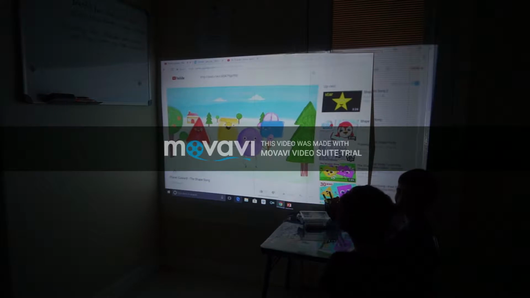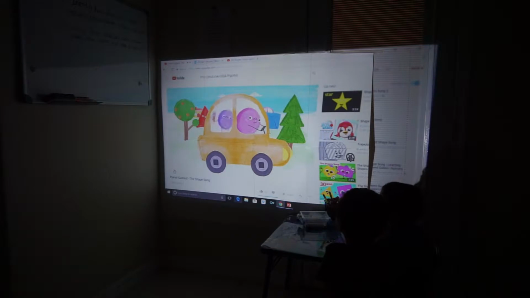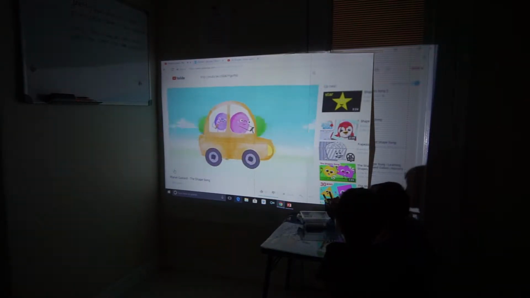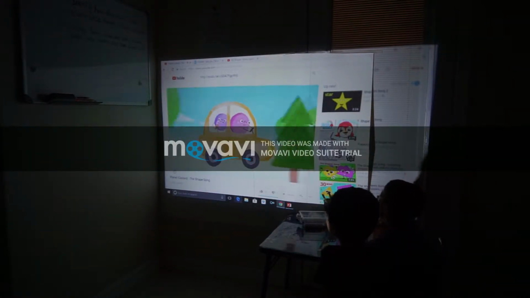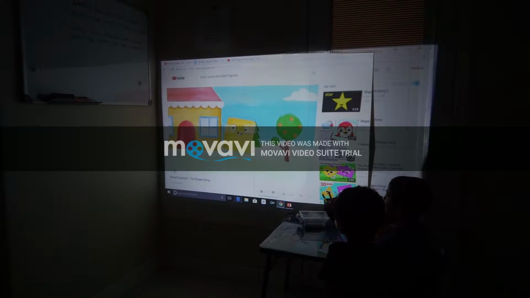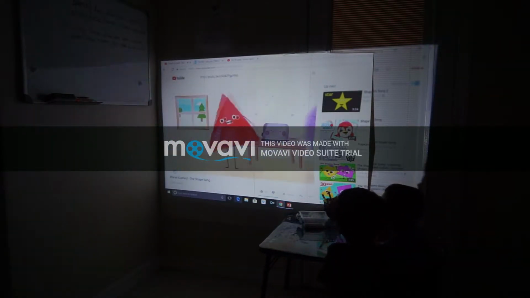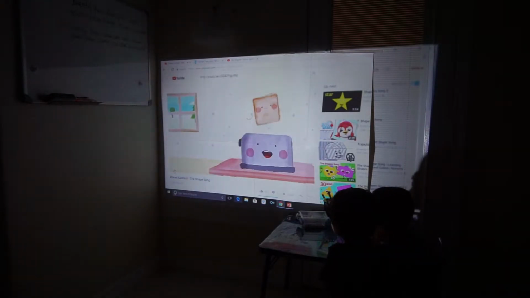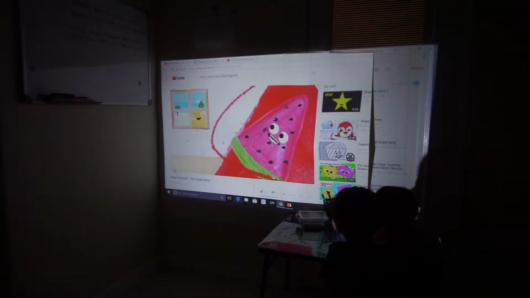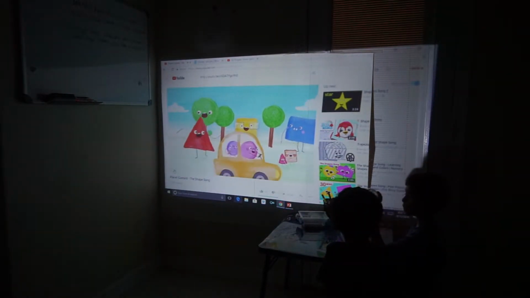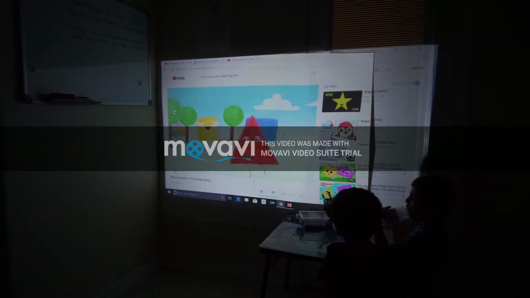Shapes are shapes everywhere. Look around the world and see the shapes in everything. The circle, triangle, rectangle, square. Where? There. Shapes everywhere. There. Oh yeah. Shapes everywhere. Shapes are shapes everywhere. Shapes are shapes everywhere. Shapes are shapes everywhere.